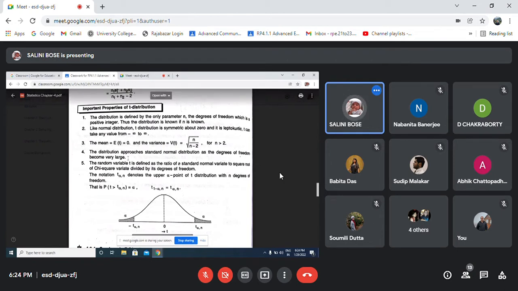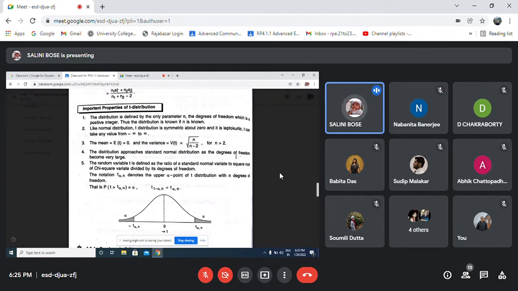As I already told you, in the case of the T distribution, if your degree of freedom is, for example, 2, then it will be more flat. And when you increase your degree of freedom more and more, the height of the peak will increase.